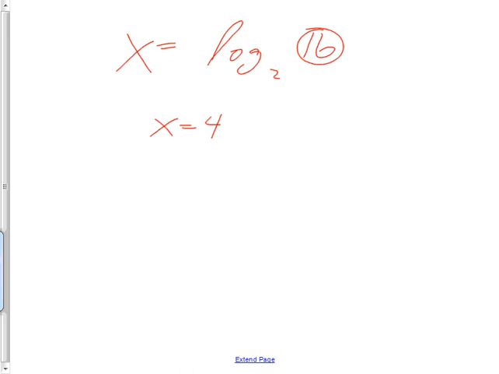So let's say the problem was this way. M equals ln x. Rewrite that as an exponent problem. What to the what equals what?